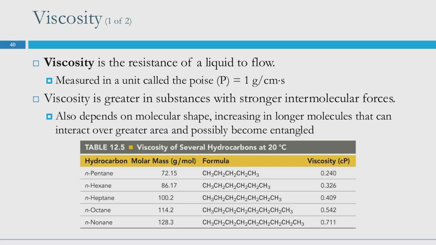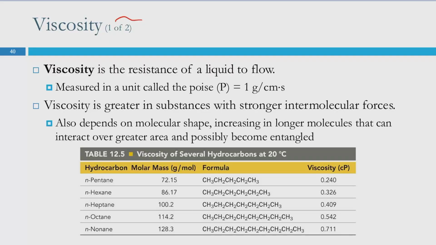Another thing that's affected by intermolecular forces is viscosity. The thickness of a liquid is one way that my brain thinks of it. Also, the resistance of a liquid to flow.